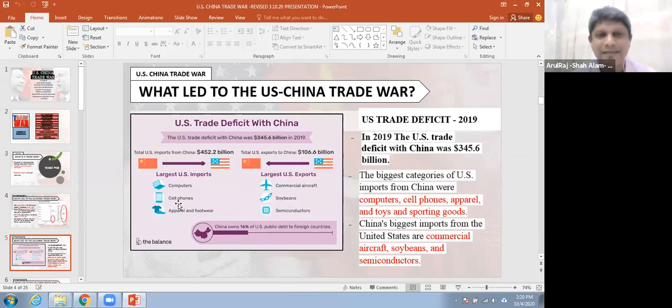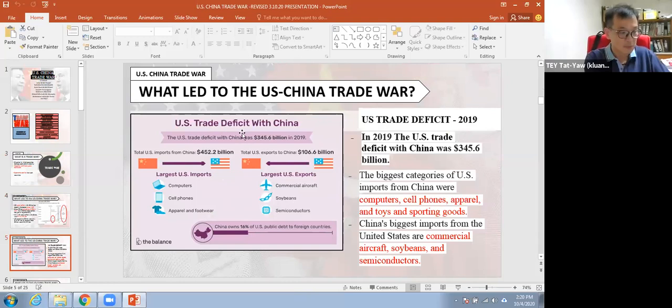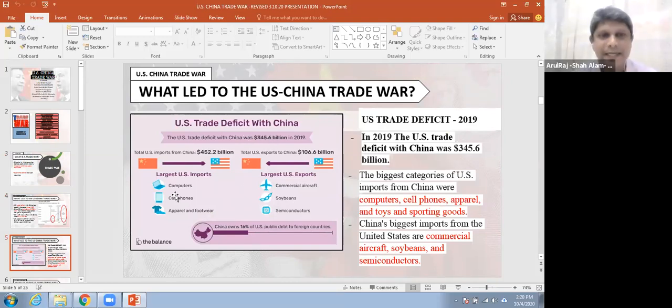So basically, this photo illustrates the US trade deficit, whereby US imports from China exceed exports. We can see a large amount of computers, cell phones, and apparel or footwear being imported to the US, whereas China is only importing about 106 billion, of commercial aircraft, soybeans, and semiconductors.